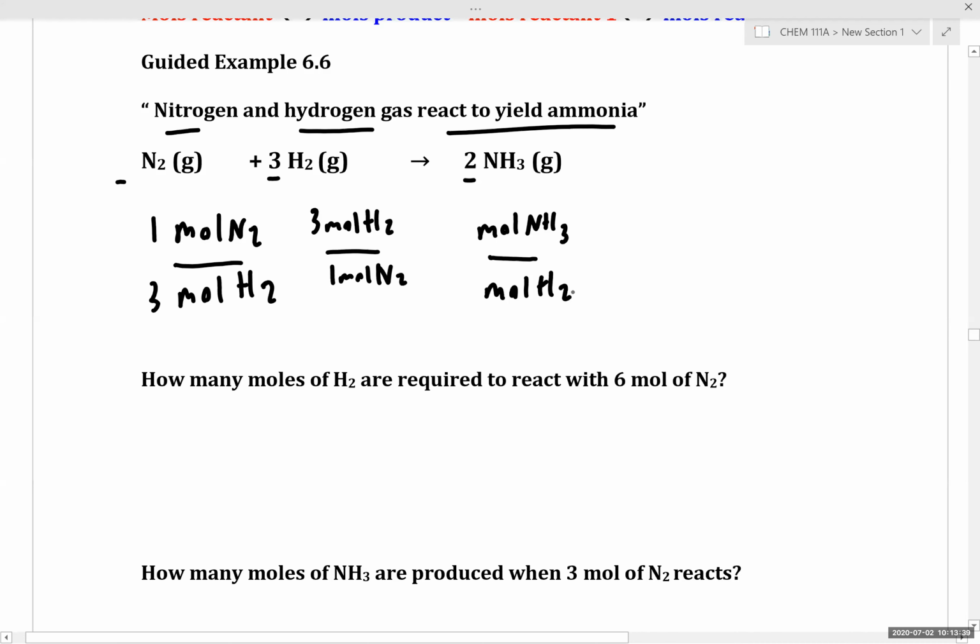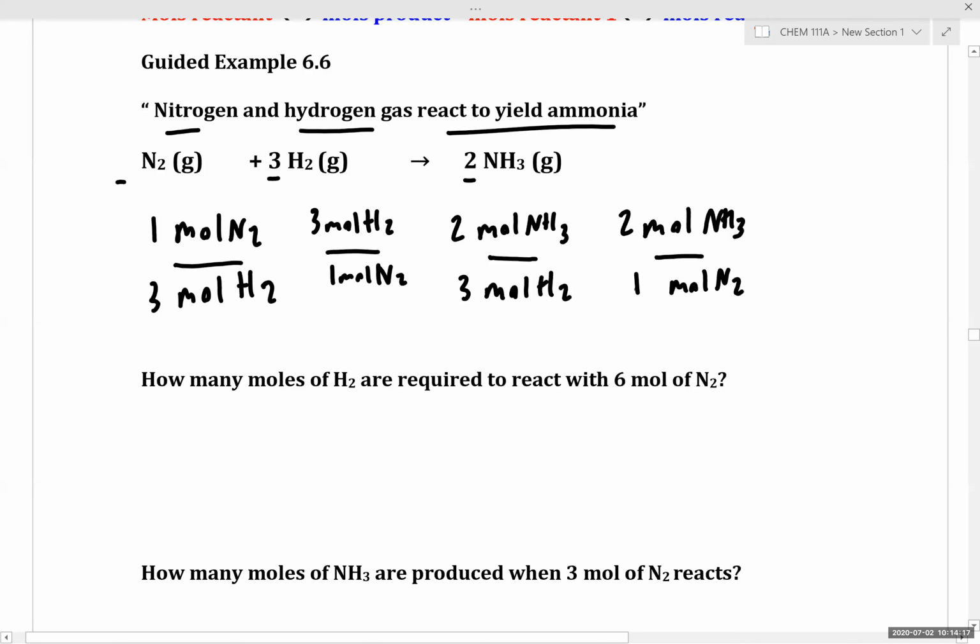What is our ratio of ammonia to hydrogen? Two moles of ammonia per every 3 moles of hydrogen. And then finally, what's our ratio of moles of ammonia to moles of nitrogen? What's our mole-to-mole ratio of ammonia to nitrogen? 2 to 1. Yep, perfect.